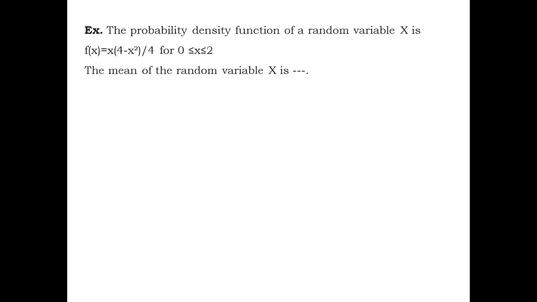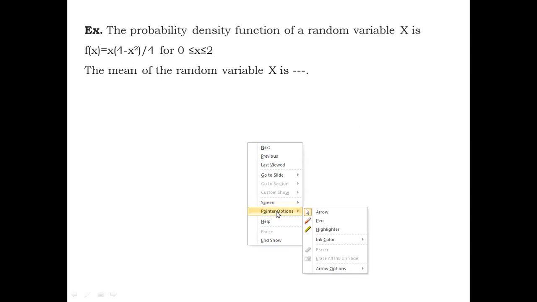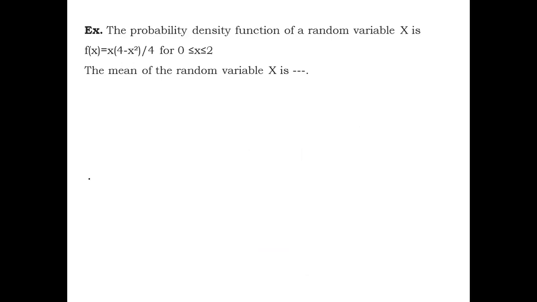The probability density function of a random variable x is given by this; find the mean. You can verify, but it is not necessary: once it is said that it is a probability density function, the integration of f(x) from 0 to 2 must be equal to 1. The next problem asks for the expected value of x, and the formula is integration from minus infinity to infinity of x into f(x) dx.